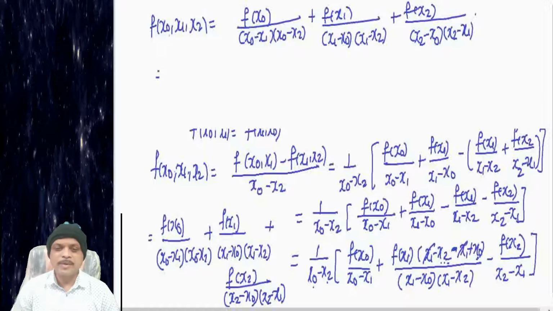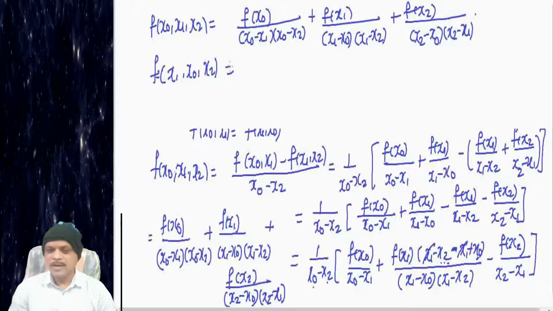Now what happens if we change the order? Let us suppose we calculate f of x1 comma x0 comma x2. Let us check this, and we will see whether we get the same value or different values.